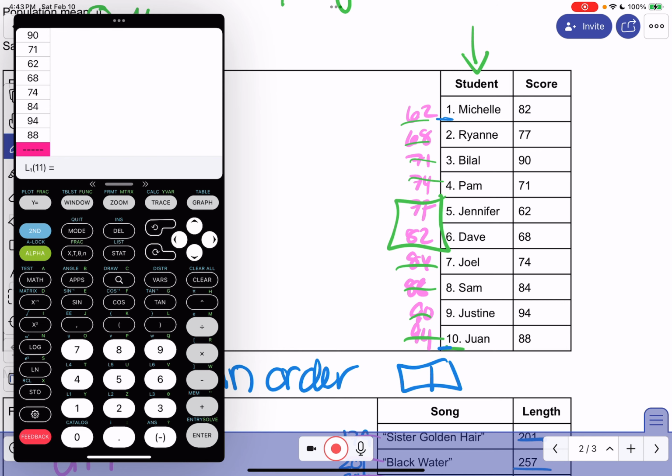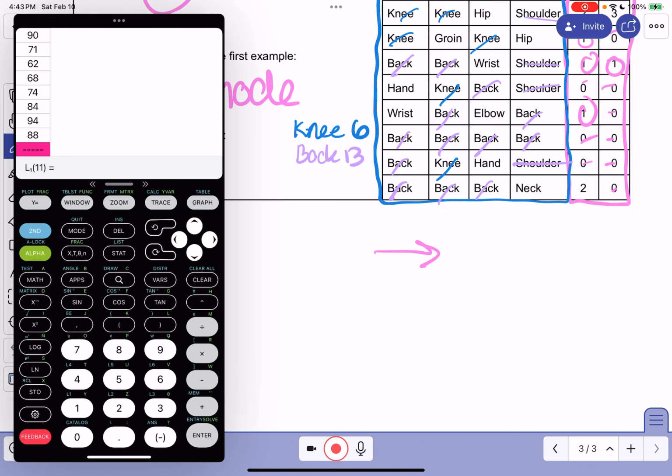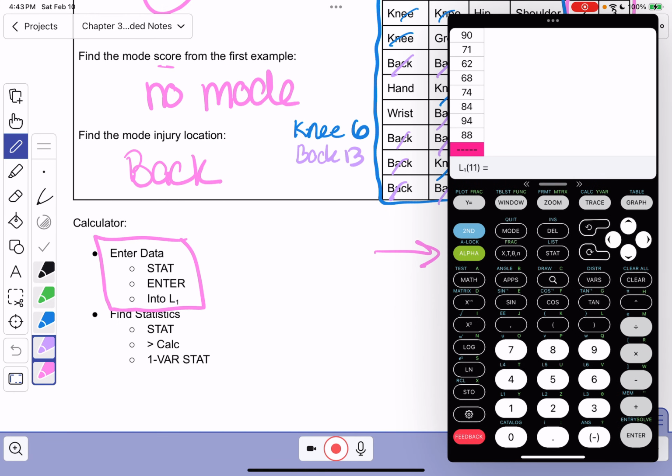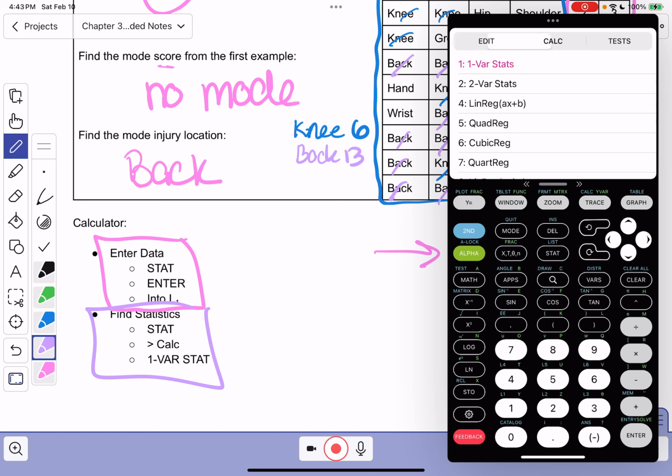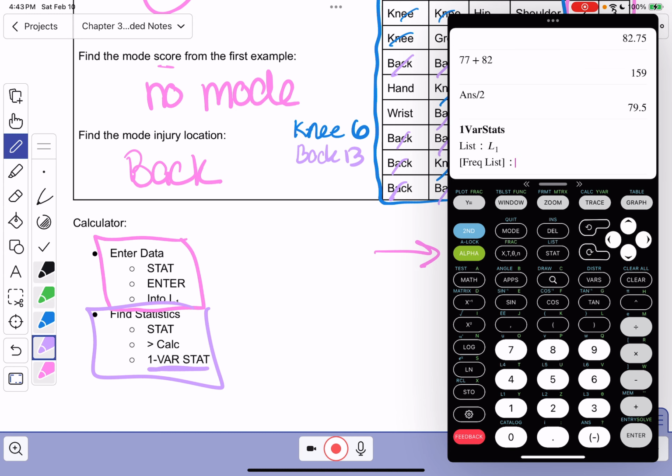All right, now this will calculate it for us. We're going to hit the stat button again, arrow over to calc, and then choose number 1, 1-Var Stats. Now we entered the data in L1, so we want our list to say L1, and we don't have frequency, we just have one list, so leave that blank.